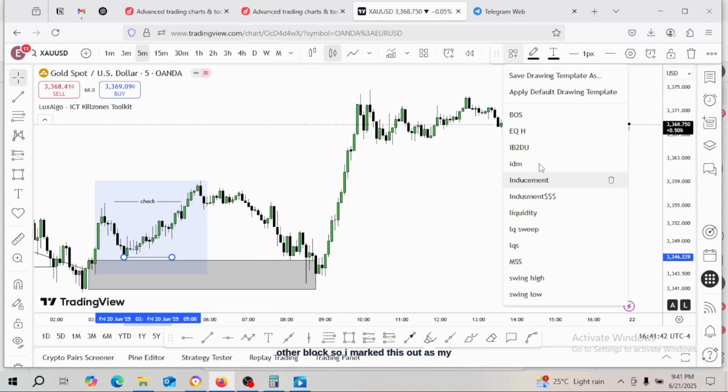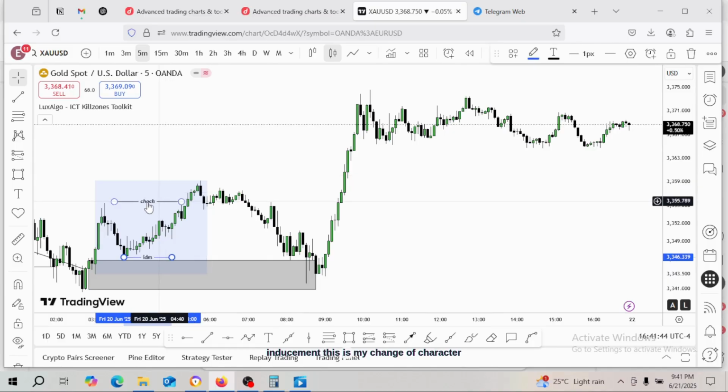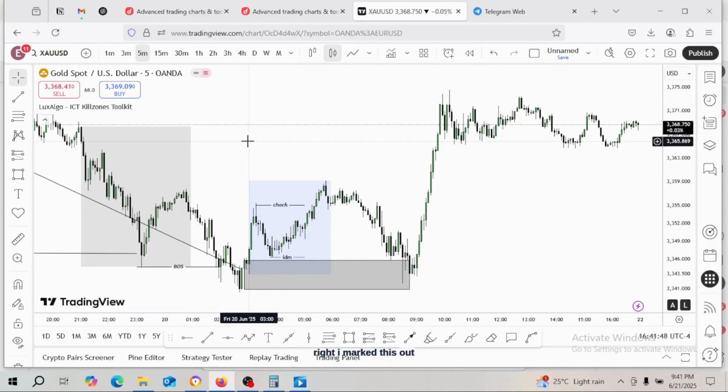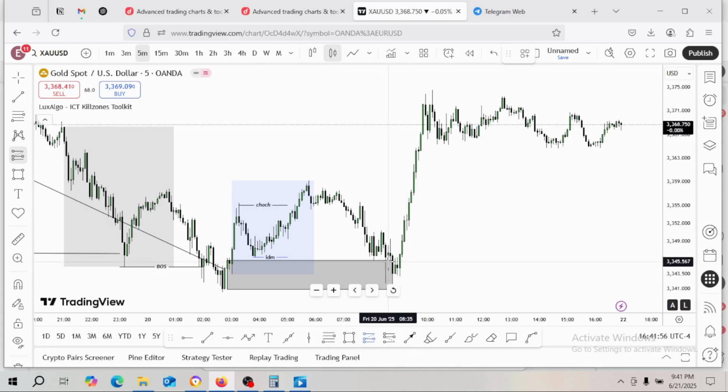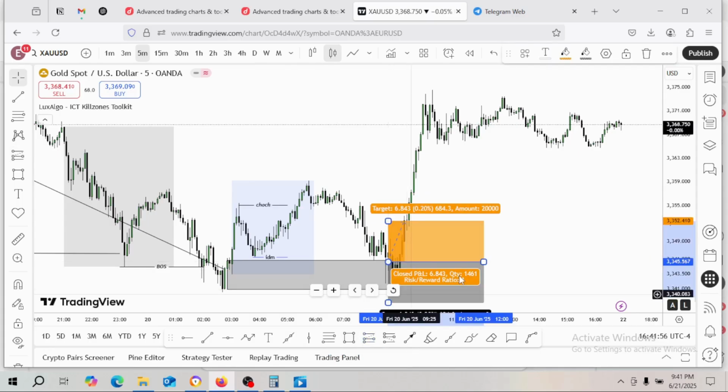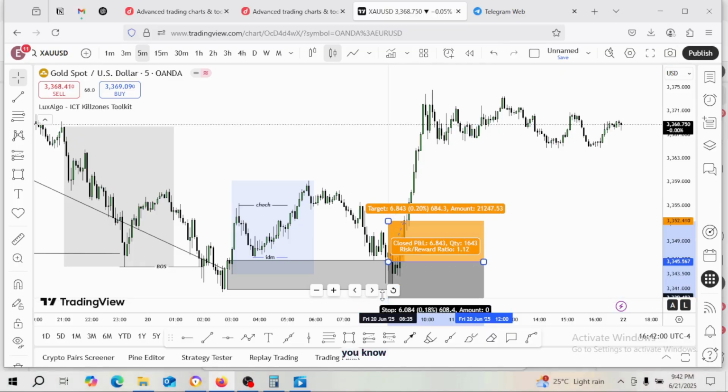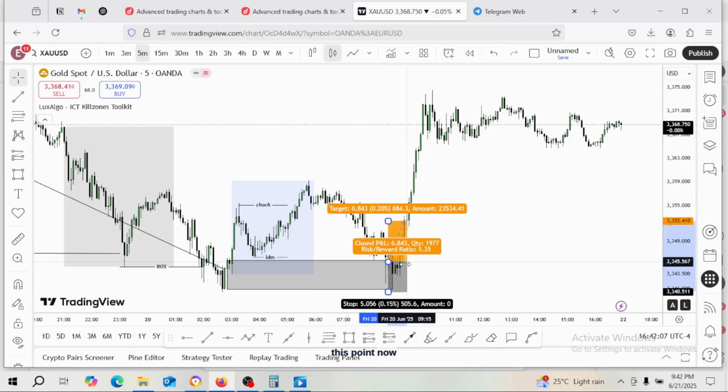So I marked this out as my inducement. This is my change of character, right? I marked this out as my inducement, and look at what happened, guys. Price came into that area and, you know, reacted from it. My low was below this point.